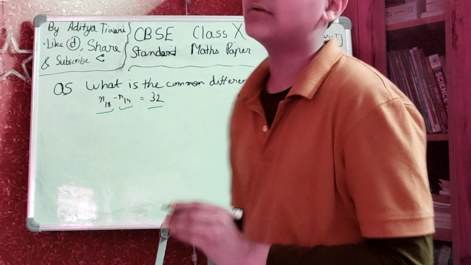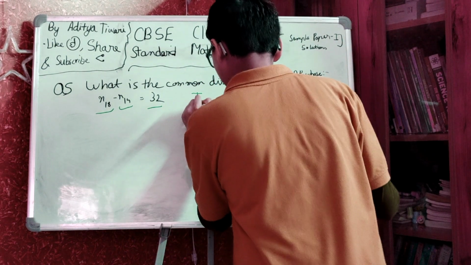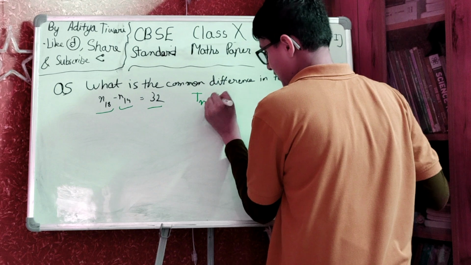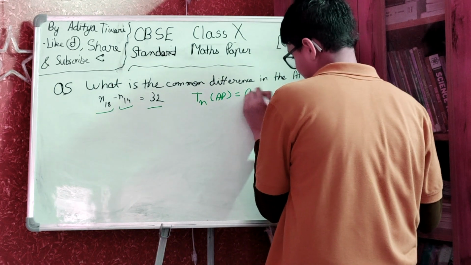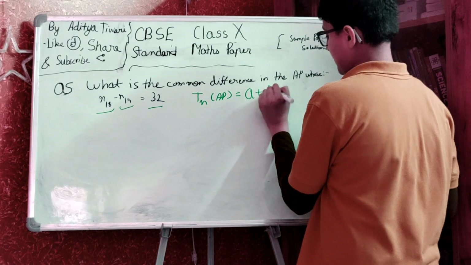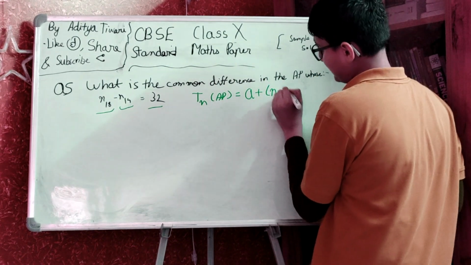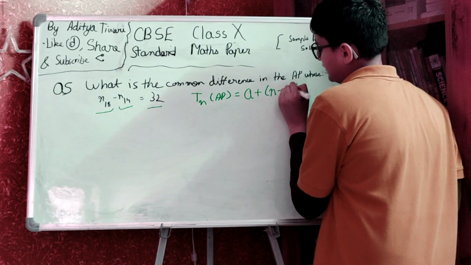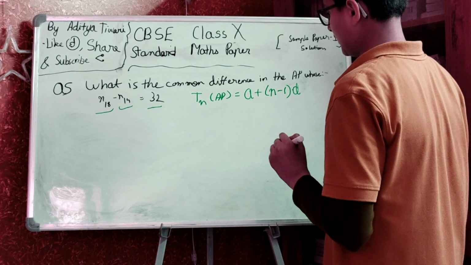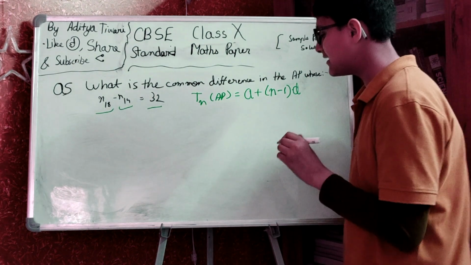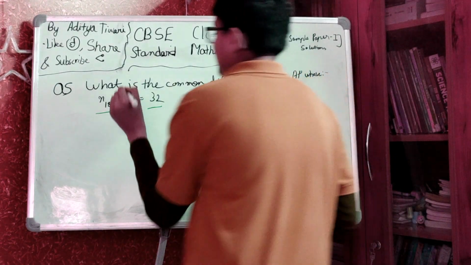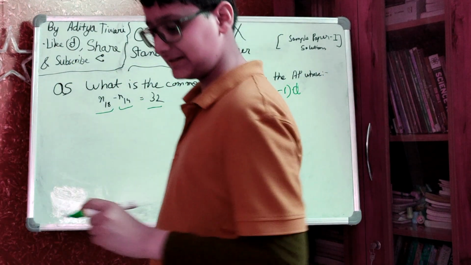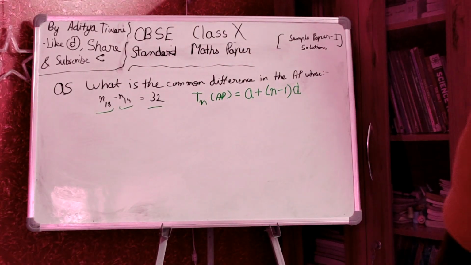Okay, we know that for the nth term of an AP, we have the formula: A, the starting value, plus (n minus 1), the term we want, times D. So Tn of AP is equal to A plus (n minus 1) times D. So we can express the 18th term of an AP.